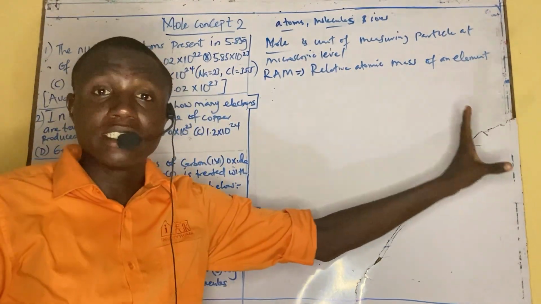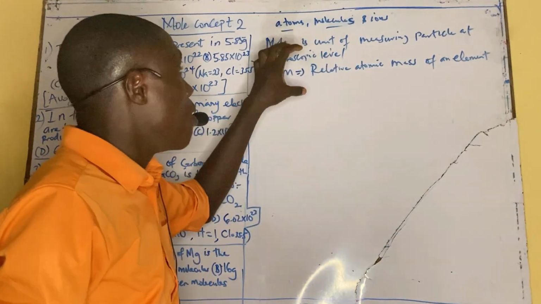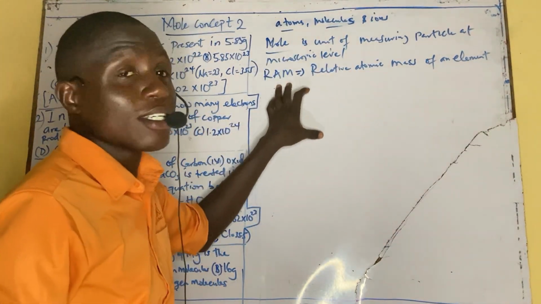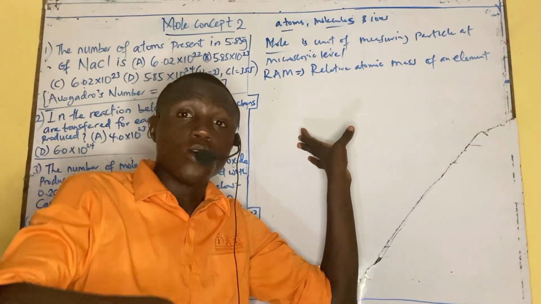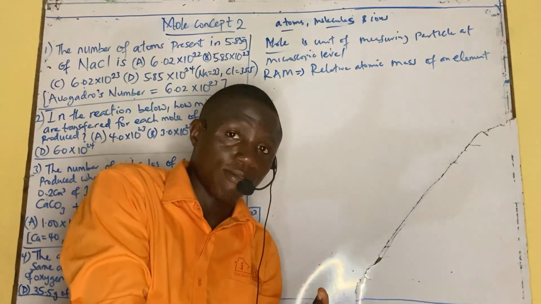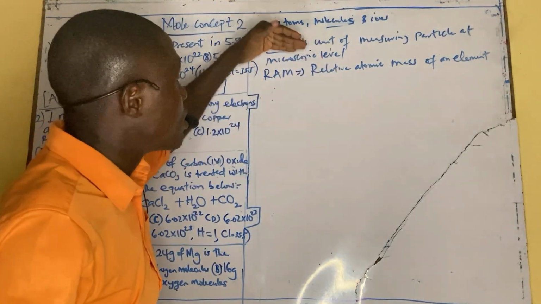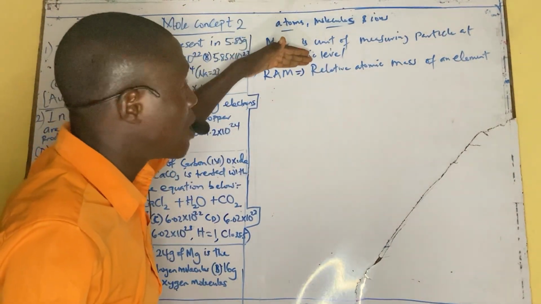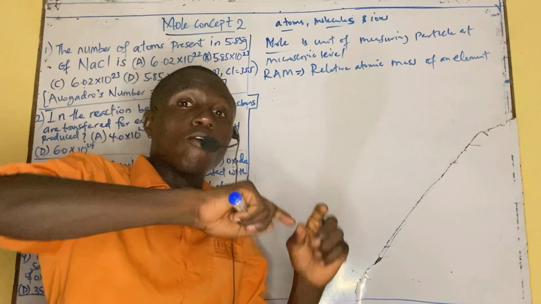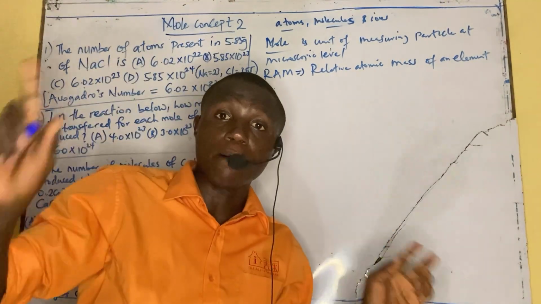Actually, that's how the definition of relative atomic mass was defined, based on carbon-12. We considered the relative atomic mass based on the mass of 1/12 of one atom of carbon-12.